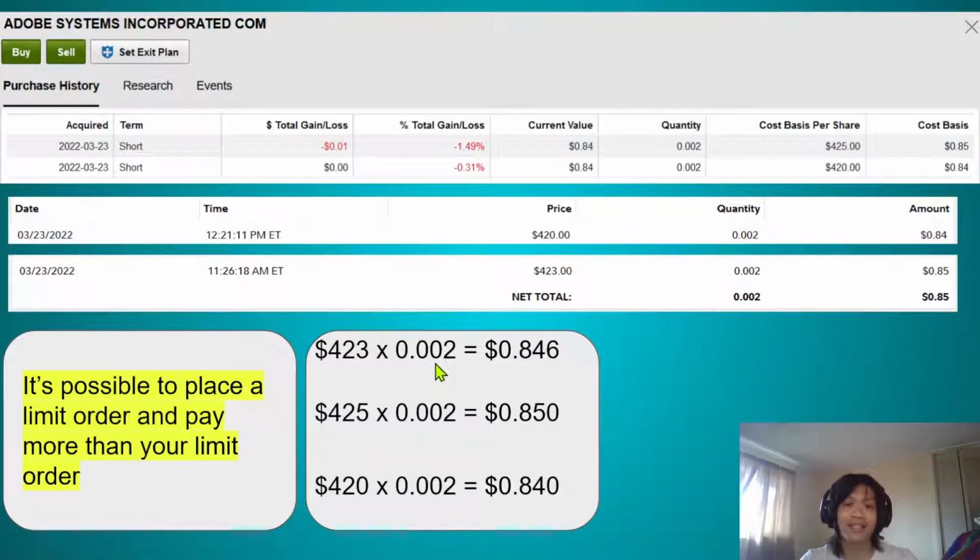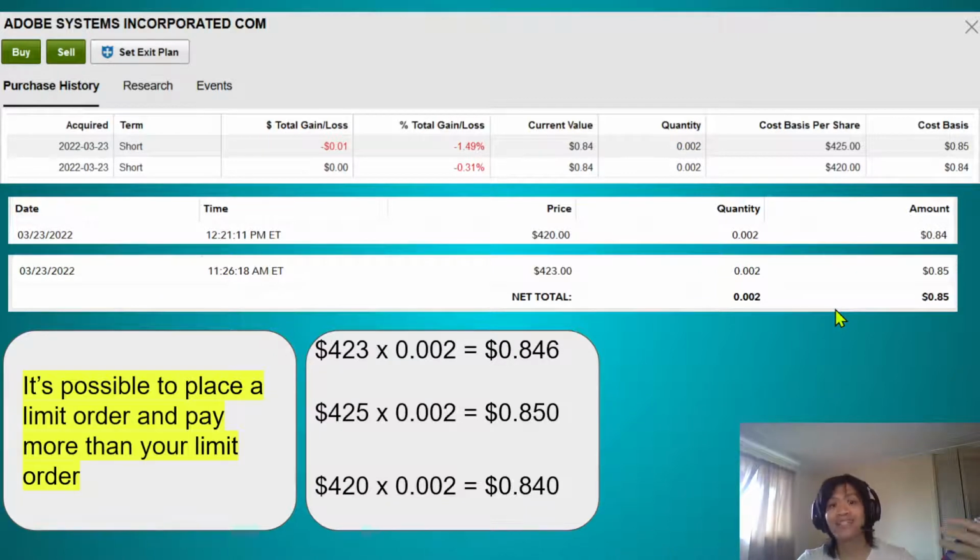If you multiply that out, that comes out to 84.6 cents. And the order did execute, you can see here at this time it went through for 423 with that limit order, 0.002, but the amount was 85 cents, not 84.6 cents.